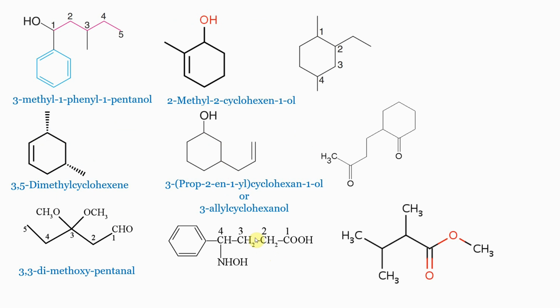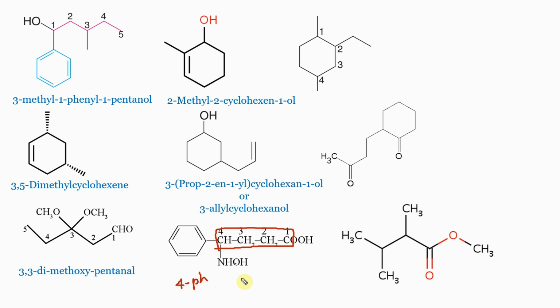Moving on. This is very simple. COOH is important. 1 2 3 4 longest chain. So we have our longest chain here. So butanoic acid. Now what all is a functional group here? This is functional, this is functional. This is functional in terms of substituent. So what is there at 4? Phenyl is there. What else is at 4?